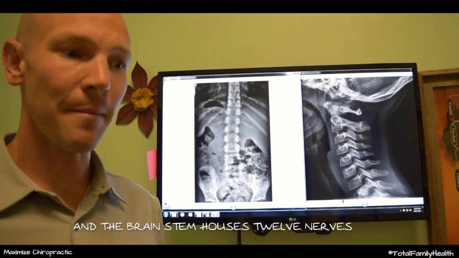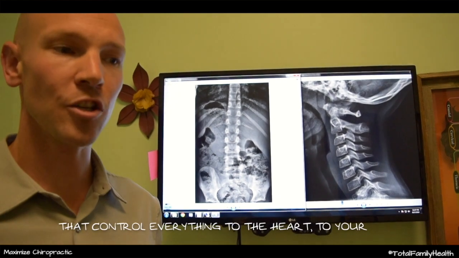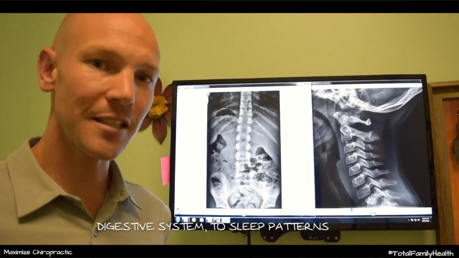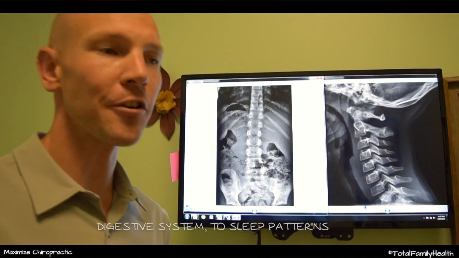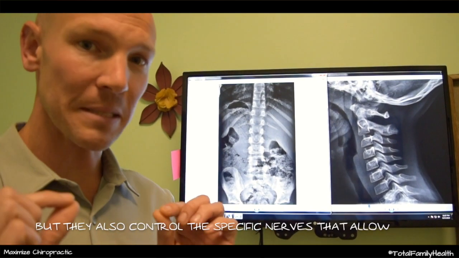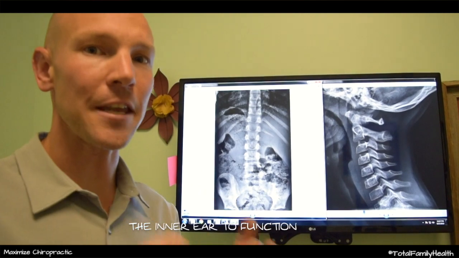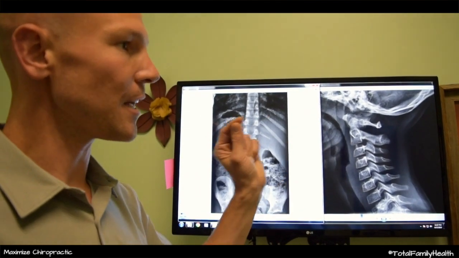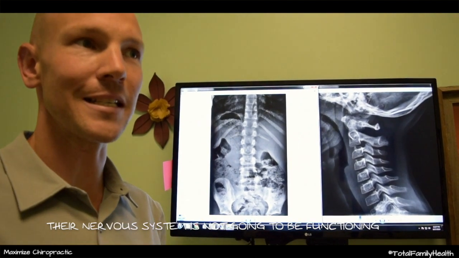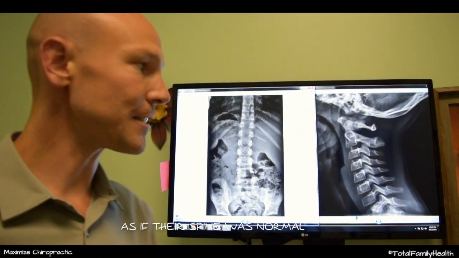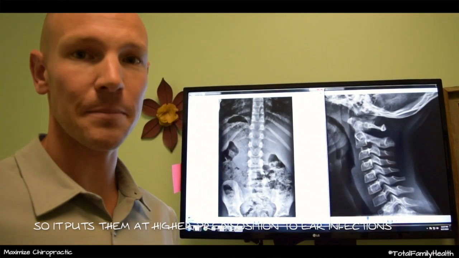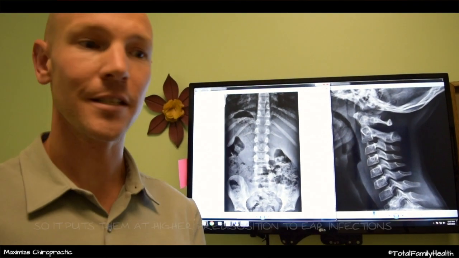And the brainstem houses 12 nerves that control everything to the heart, to your digestive system, to sleep patterns, but they also control the specific nerves that allow the inner ear to function. So if a child has this, their nervous system is not going to be functioning as if their spine was normal. So it puts them at a higher predisposition to ear infections.